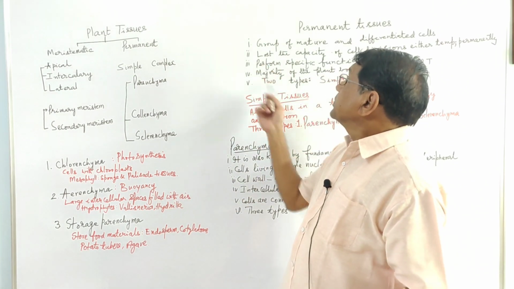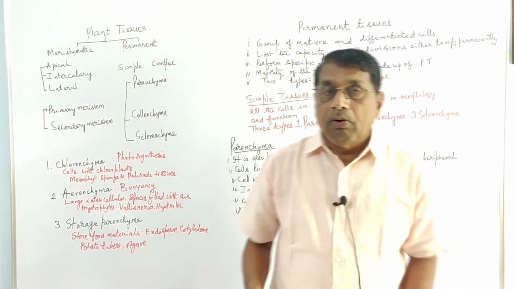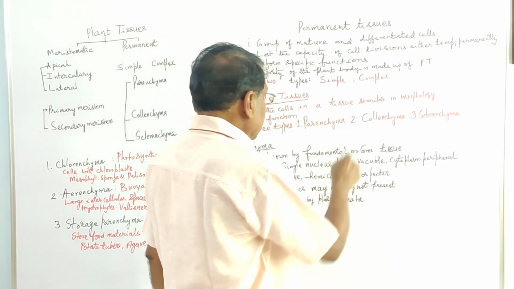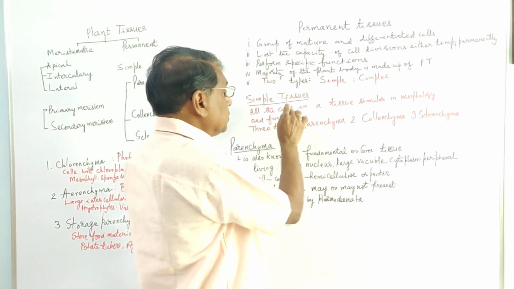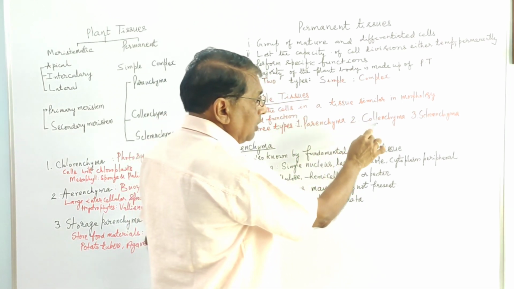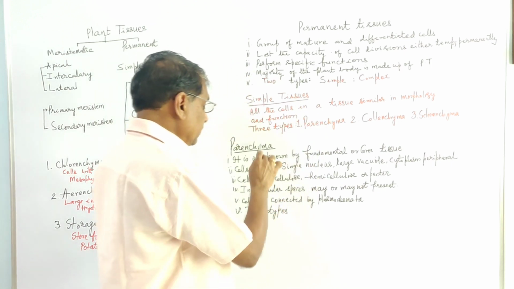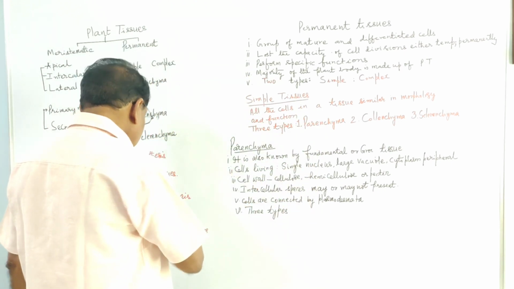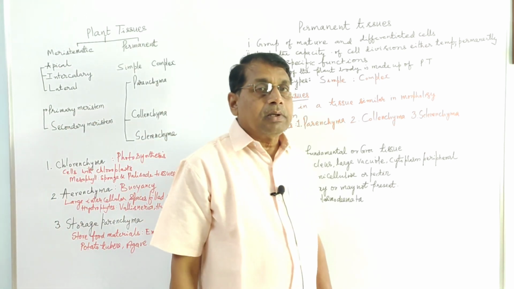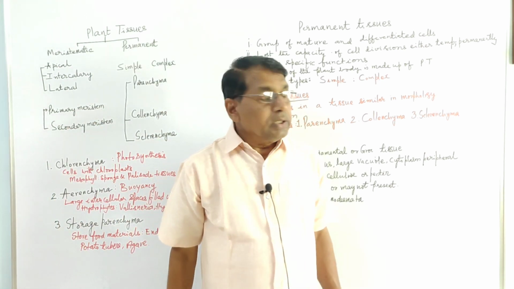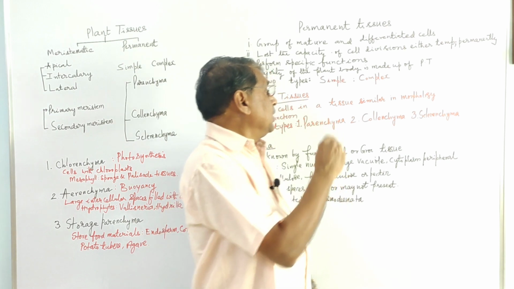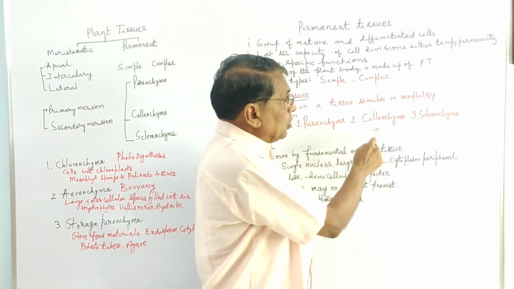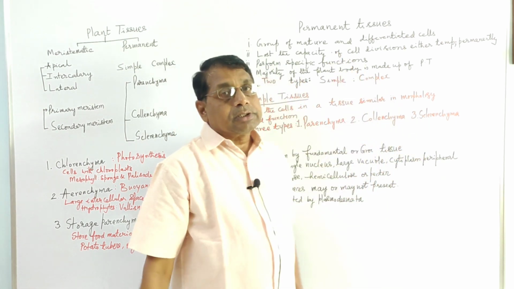This is the classification of permanent tissues: simple tissues, parenchyma, collenchyma, sclerenchyma. We have taken the characters of parenchyma and the three types of parenchyma. In the next class we will see about the other two, collenchyma and sclerenchyma.